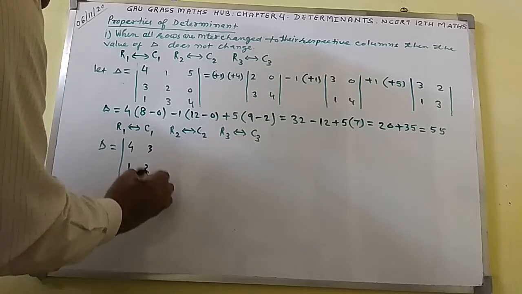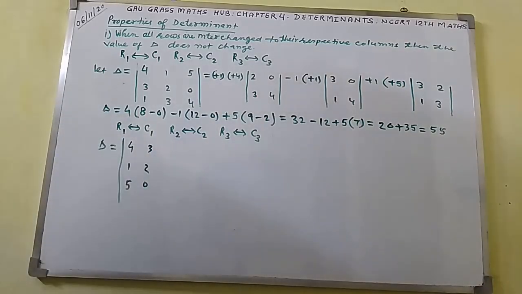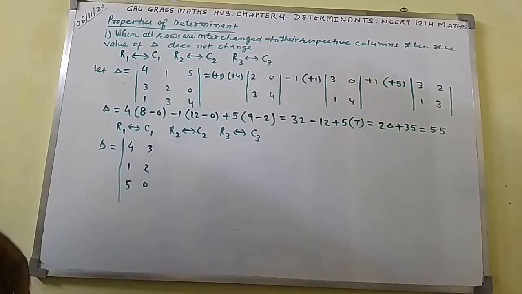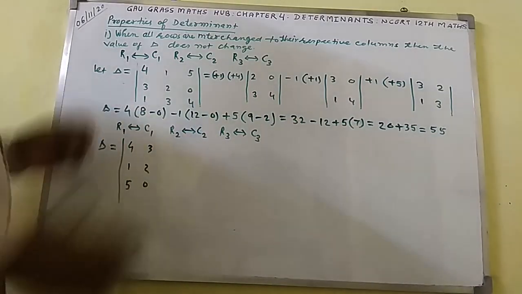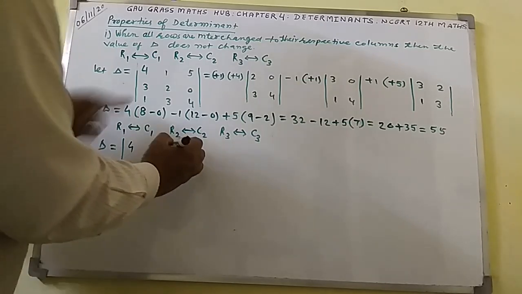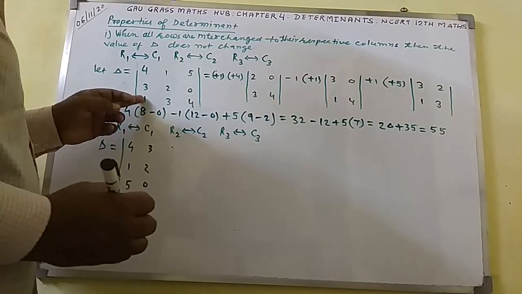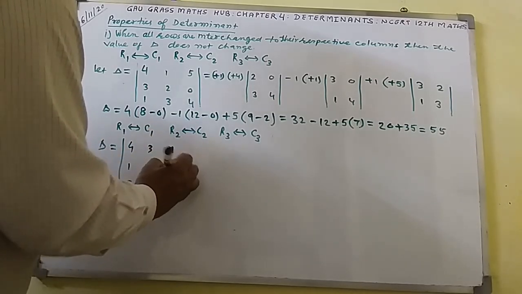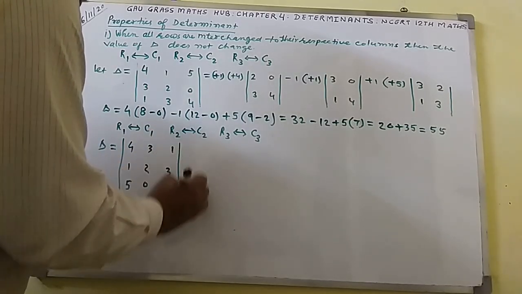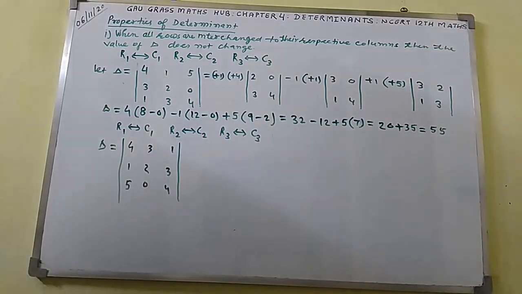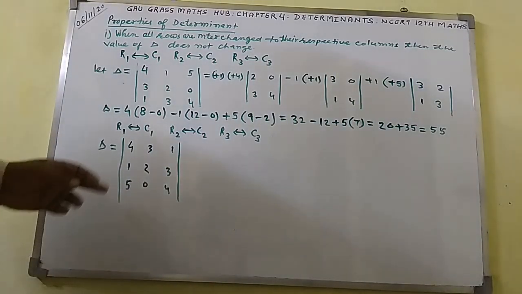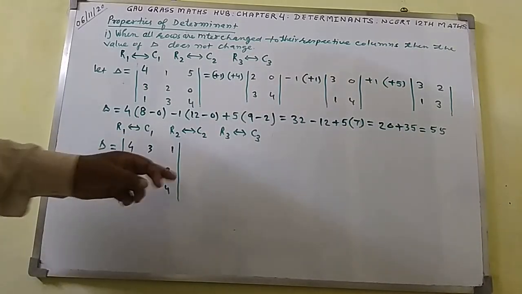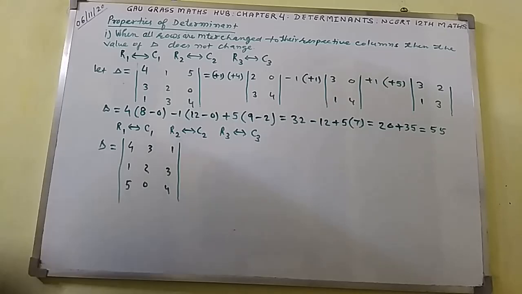And here you can see the third row, 1, 3, 4, will be converted into the third column. Now here you get 4, 3, 1, 1, 2, 3, 5, 0, 4.